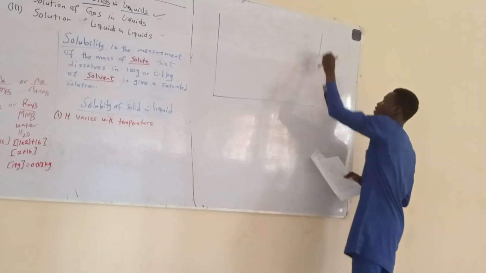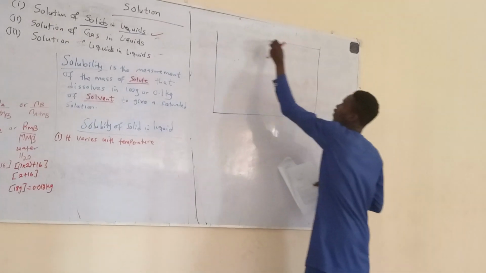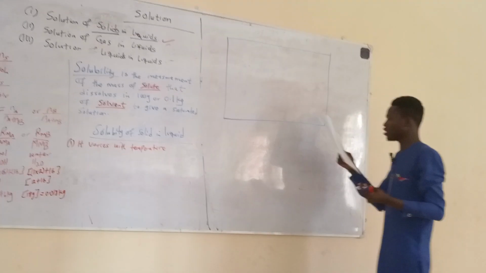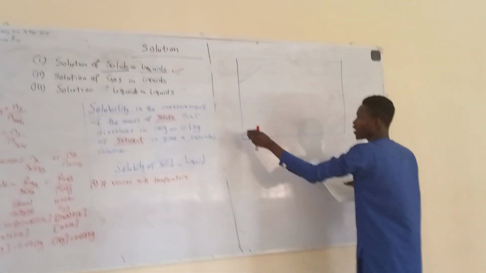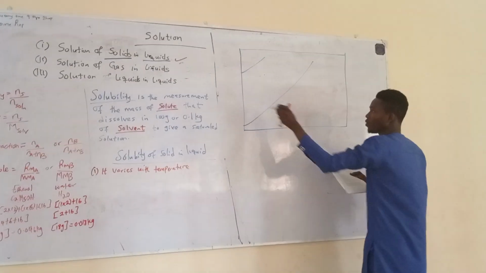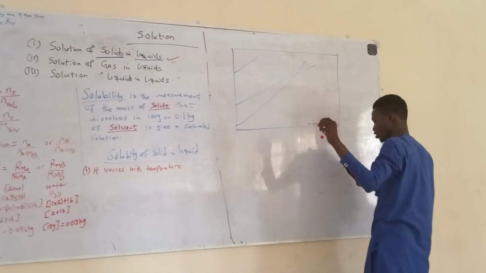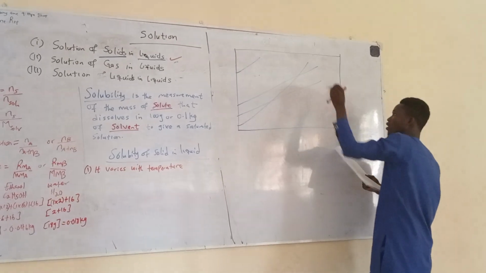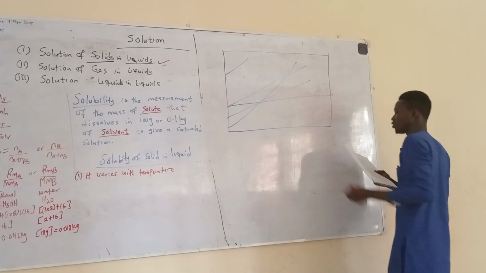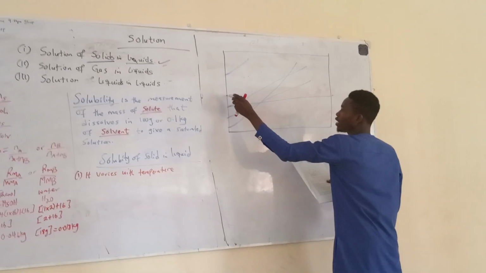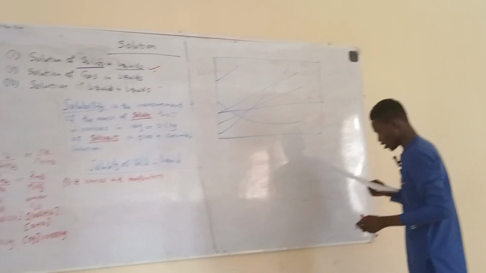Solubility curve is always represented by a square shape or rectangle. Then they draw lines like this. We have a line that goes like this, another line that goes like this, then a straight line, then a line that comes like this.